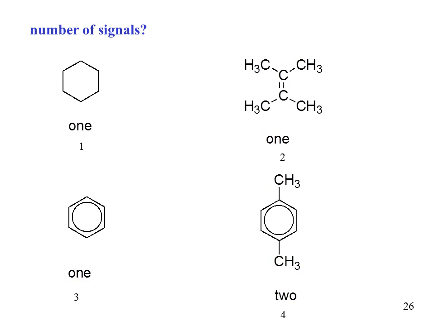Compound 3, benzene, also shows 1 signal because all 6 protons are equivalent, while compound 4 shows 2 signals, or 2 types of hydrogen: the first bound to the aromatic ring, and the second bound to the carbon of the methyl group.